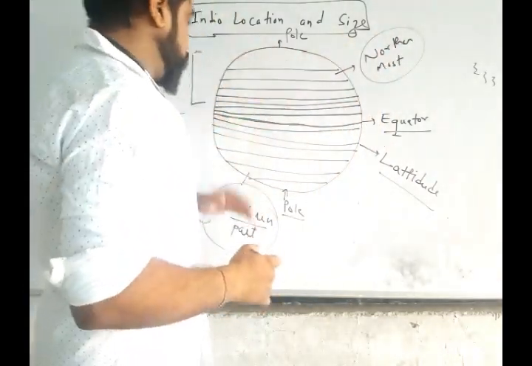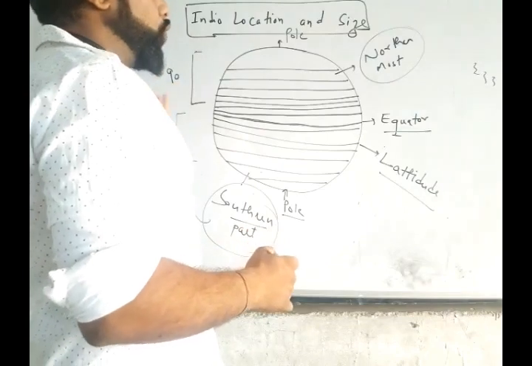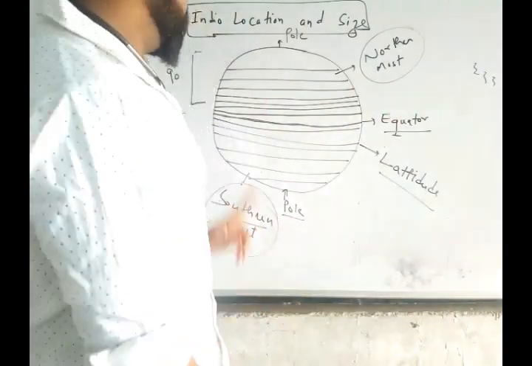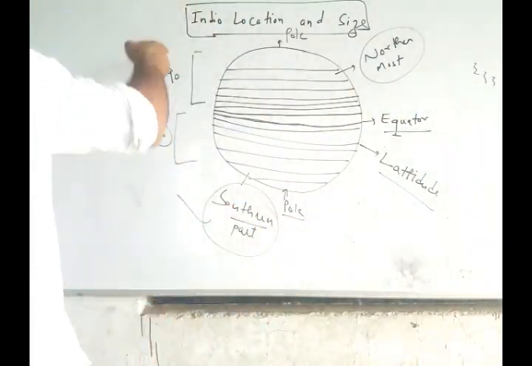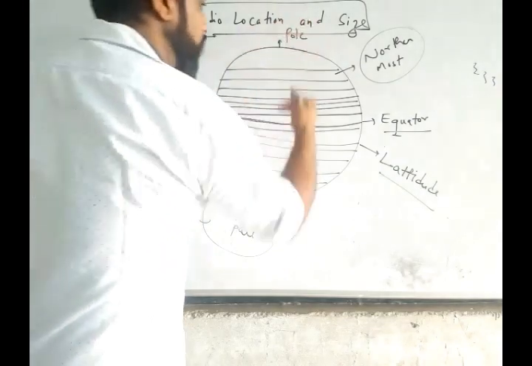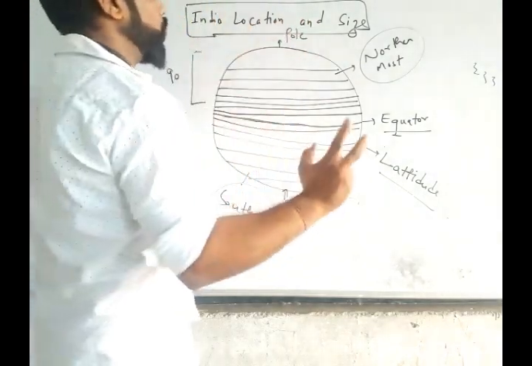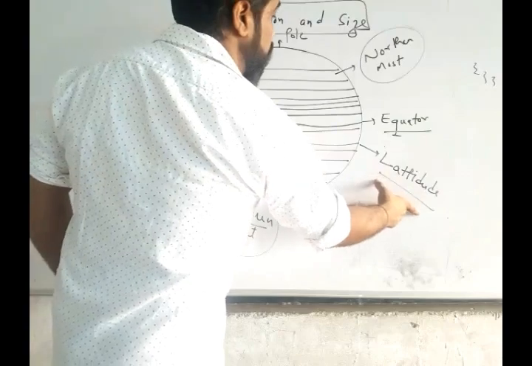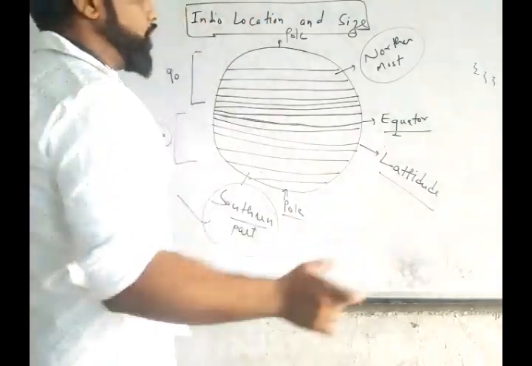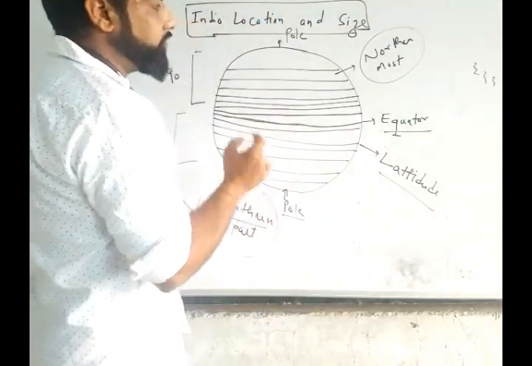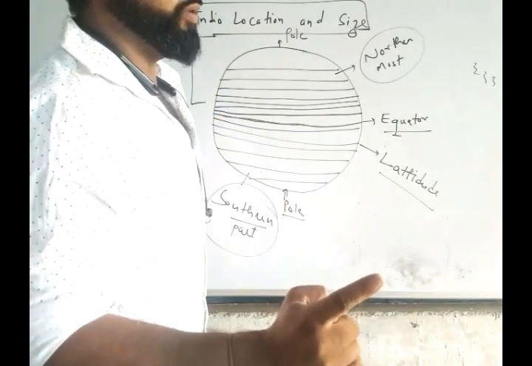North, south, and this phase is known as west and this phase is known as east. Then equator divides the globe into two equal parts. And the latitude is important, because latitude gives us the position.